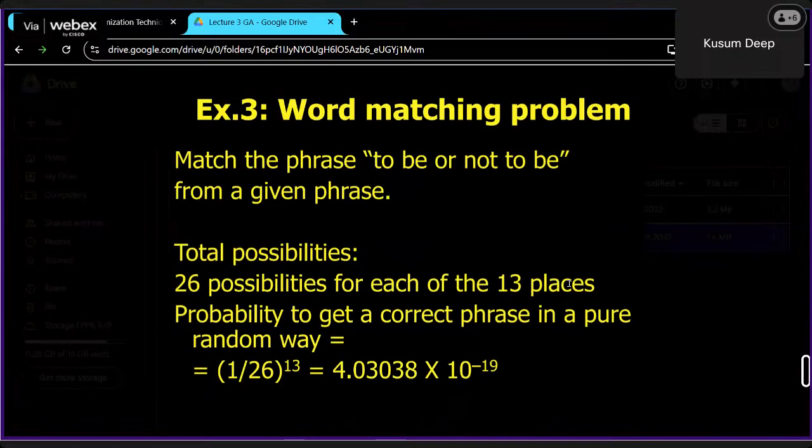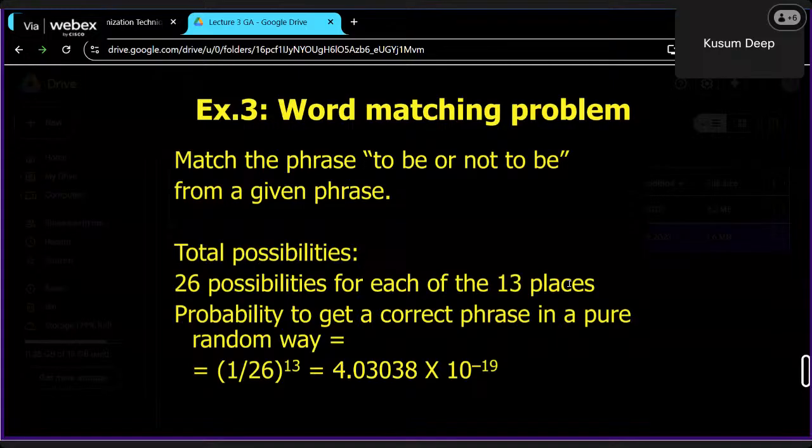Then comes the word matching problem. This is an interesting problem related to pattern recognition, in the sense that suppose you have a phrase and you want to match the given phrase with your phrase.